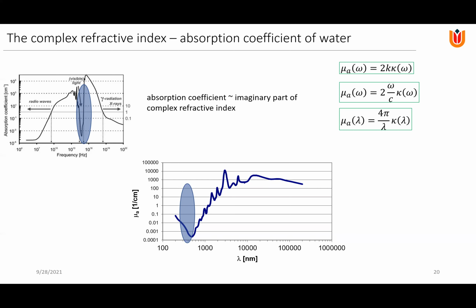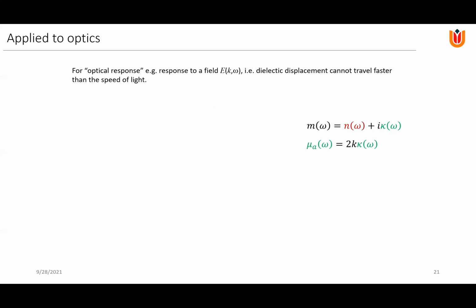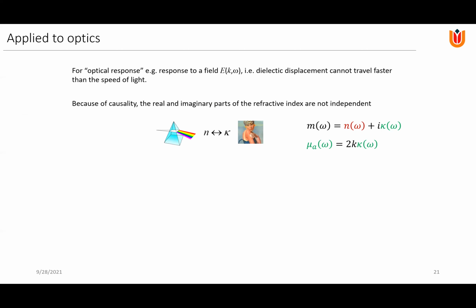We can measure the absorption coefficient of water in a cuvette using Lambert-Beer's law, and then we can express the imaginary part of the refractive index like this, as a function of frequency, or as a function of lambda, or wavelength, whichever is more appropriate. So basically we tied one of the important optical properties, the absorption coefficient, to the complex refractive index. That is what this equation measures.